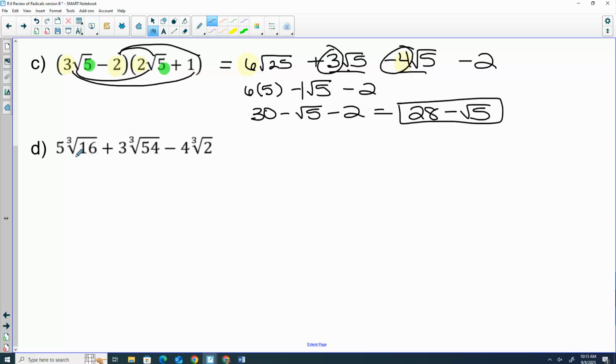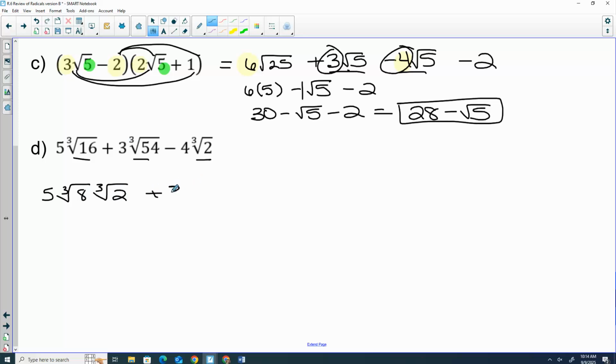But down here, I have a cube root of 16, cube root of 54, cube root of 2. They are all different, so I don't have any like terms yet. So we have to reduce them. Okay, my 5 is just staying for a moment. 16, do any perfect cubes go into 16? 8, 16 is 8 and 2.